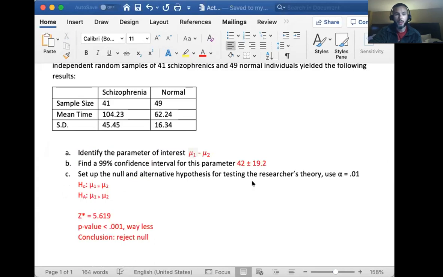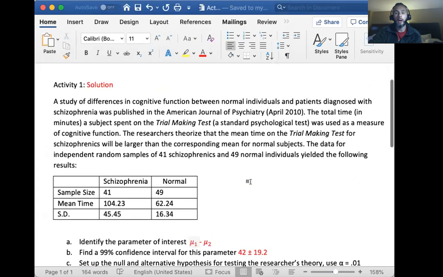That is, the mean time between the schizophrenics and the normal people is not equal to each other. But at that point, you're losing the fact that it's a one-tailed test. That's why I would word this in terms of what the alternative is saying, because that's where you get the significance of the one-tailed test out of it.